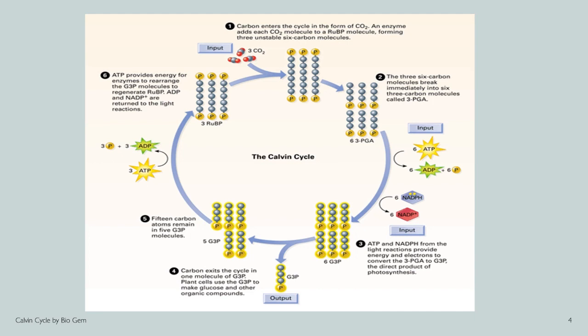Ribulose bisphosphate is a 5 carbon compound, and when carbon dioxide joins with it, it forms a 6 carbon compound. This 6 carbon compound is a really unstable compound. You can see that these three carbon dioxides join with three ribulose bisphosphate. Carbon dioxide has 1 carbon, RuBP has 5 carbons, and they join together to form 6 carbons. This reaction takes place in the presence of an enzyme called Rubisco.